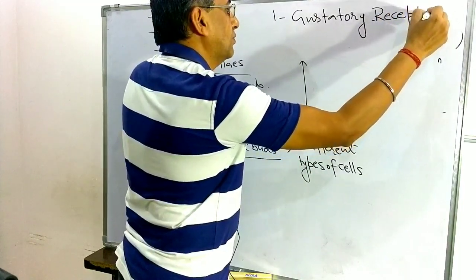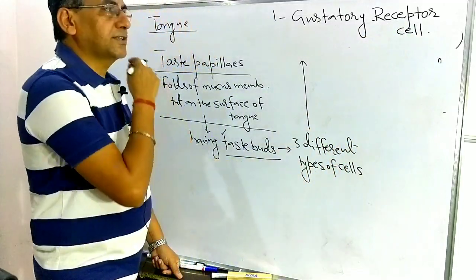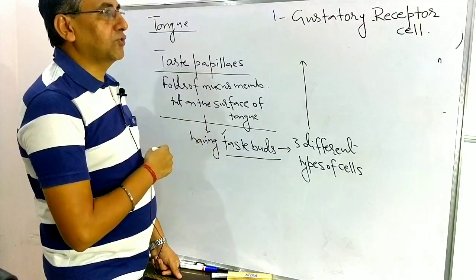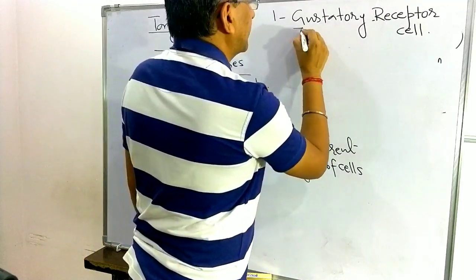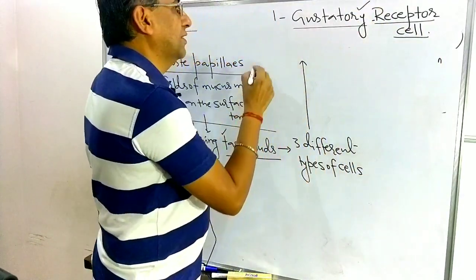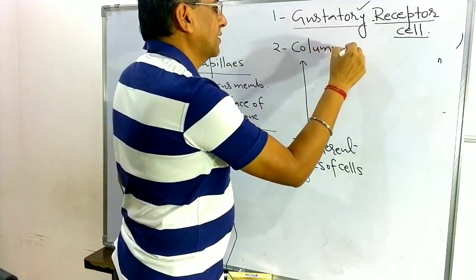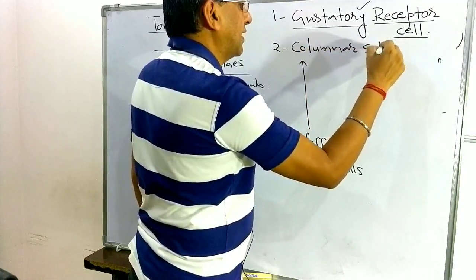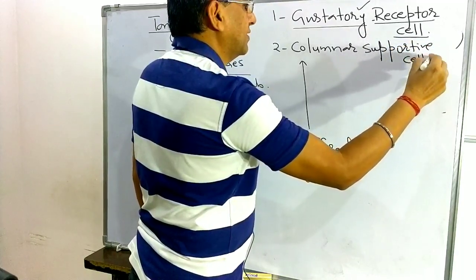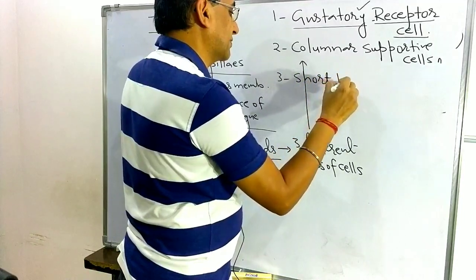Receptor cell means the one who is receiving, like today morning we discussed related with vision, the rods and cones that are photosensitive. Here they are the gustatory receptor cells; they will receive the sense of gustation. The second one is known as the columnar supportive cell, like in the nose we have discussed, the name is the same. And the third one is known as the short basal cells.